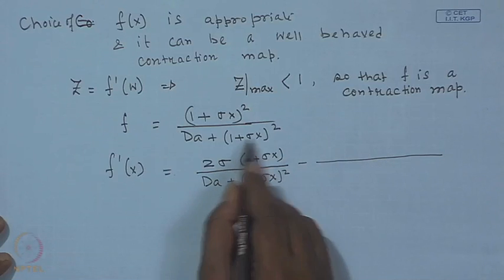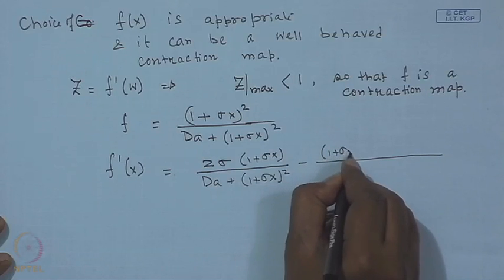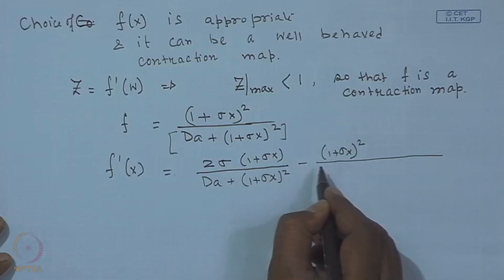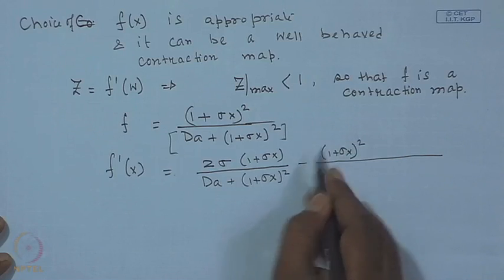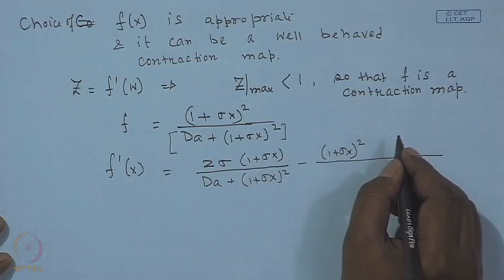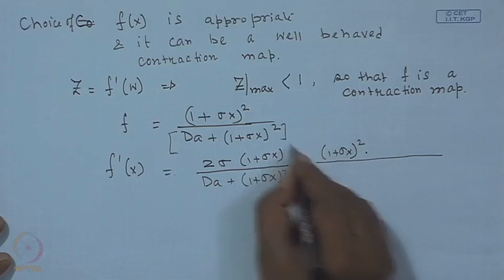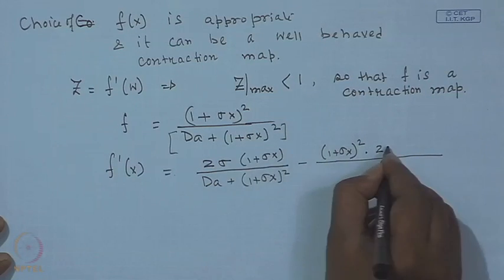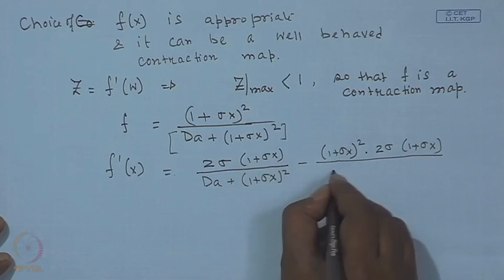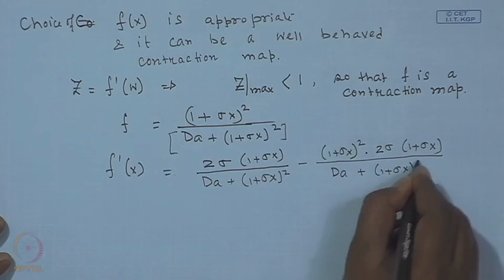Then we differentiate the denominator. So, dA plus (1 plus sigma x) square remains as it is, the whole thing raised to the minus 1. On differentiation there will be a minus sign, then differentiation of this: dA is constant, no contribution from this term. From this term there will be a contribution, 2 comes from there, sigma comes from here, (1 plus sigma x), and then the denominator becomes a square, (dA plus (1 plus sigma x) square) of that.